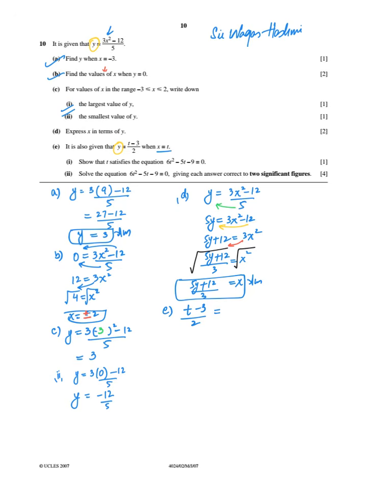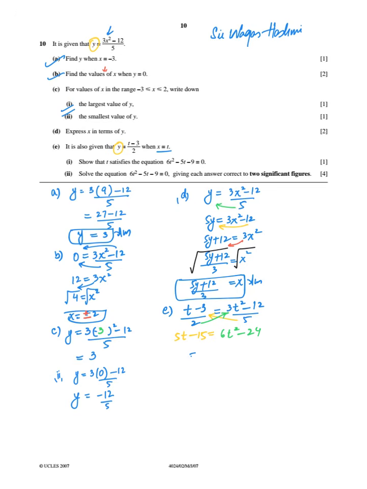So now it will be (3t square minus 12) divided by 5. Now we need to do the cross multiplication. So 5 shifts to the left side, it will be 5t minus 15 equals 2 shifts to the right side, it will be 6t square minus 12, 2s are 24.